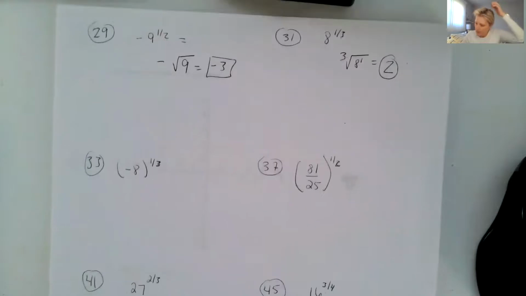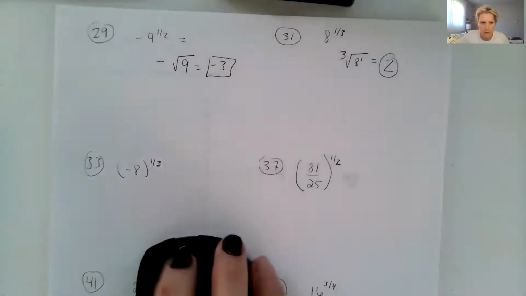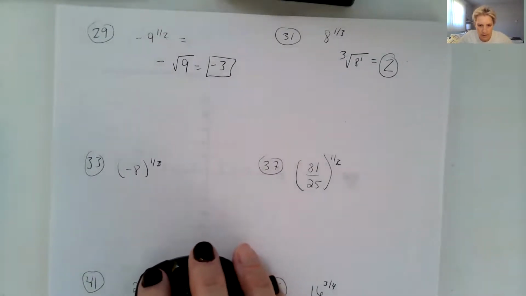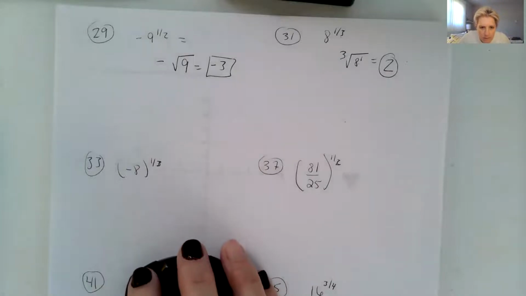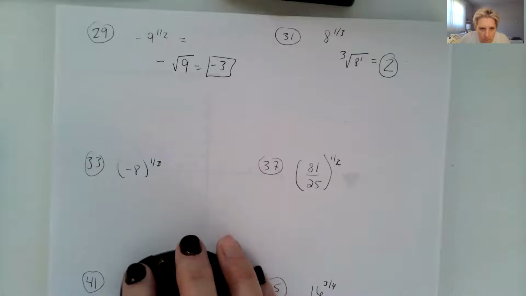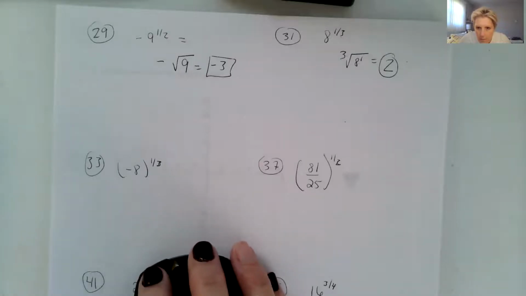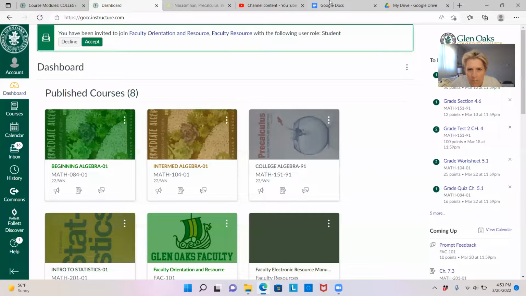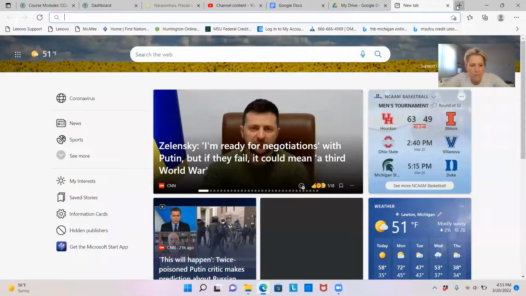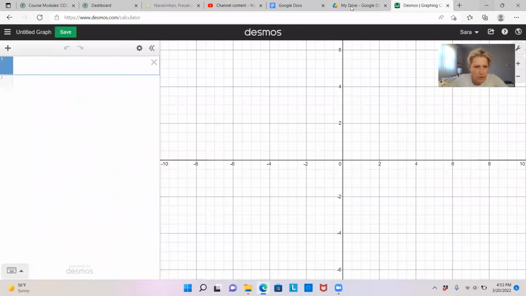So 33 and 37. Go ahead and write those down, and then I'm going to go to Desmos so we can put these in, 33 and 37. So 33 is a negative, and in parentheses, a negative 8, parentheses, raise that, oops, that should be an 8.